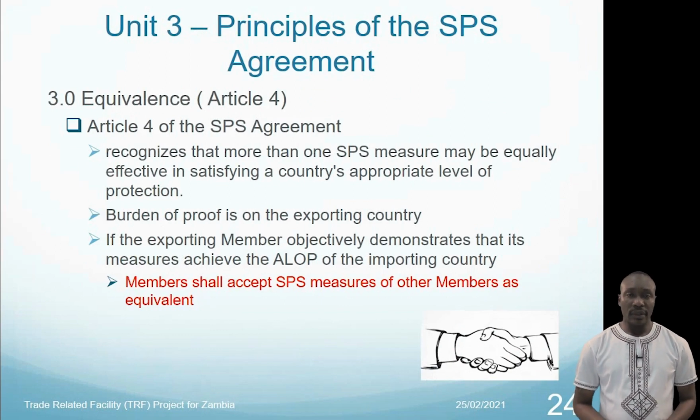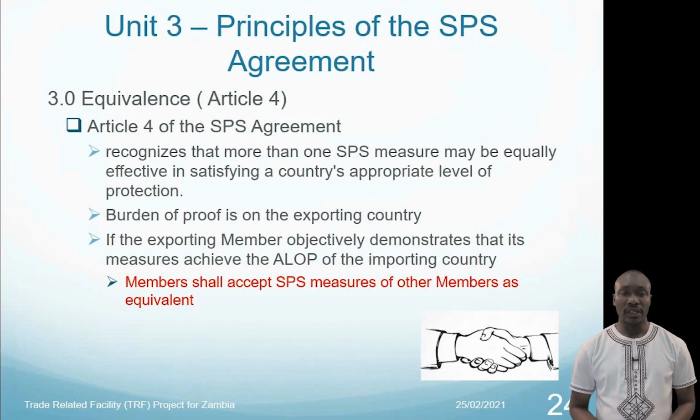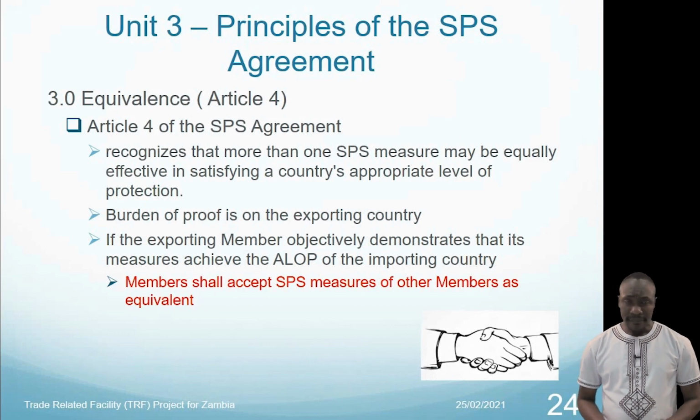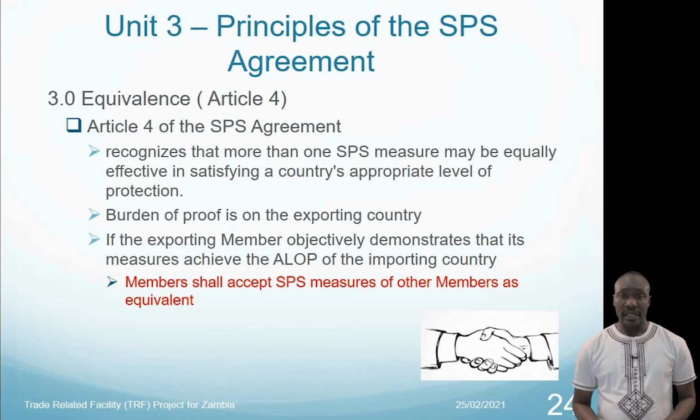Okay, the third principle of the SPS agreement is equivalence. The agreement itself recognizes that more than one SPS measure may be equally effective in satisfying a country's appropriate level of protection. The burden of proof in this case is on the exporting country.